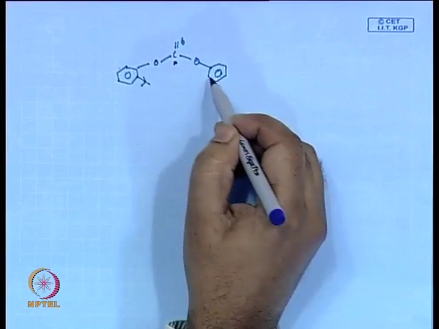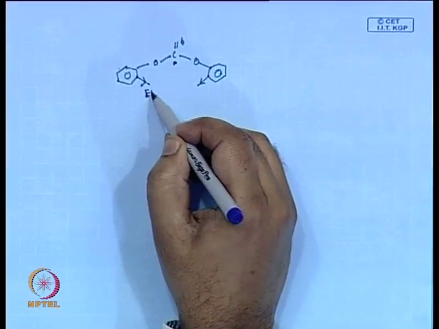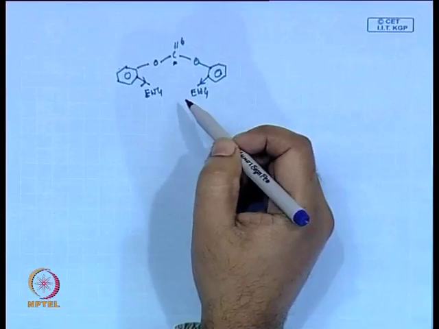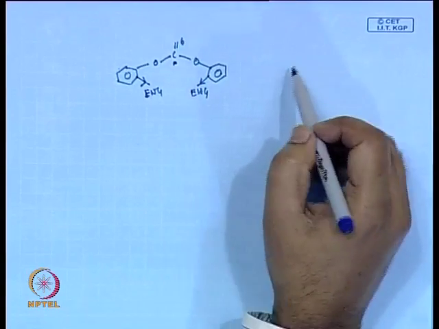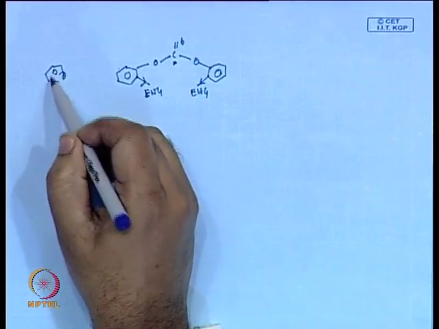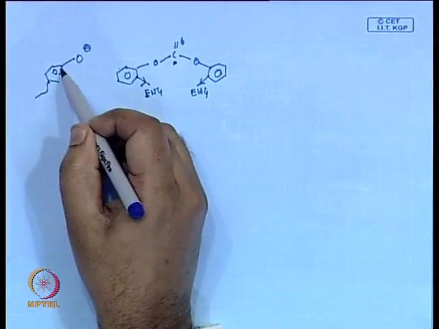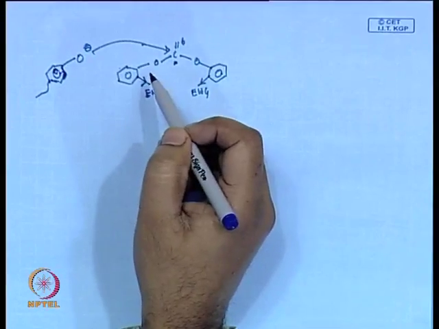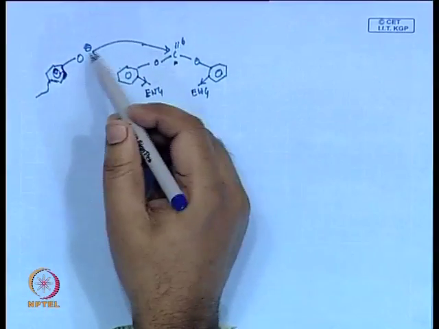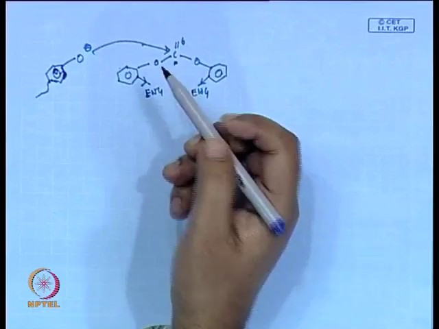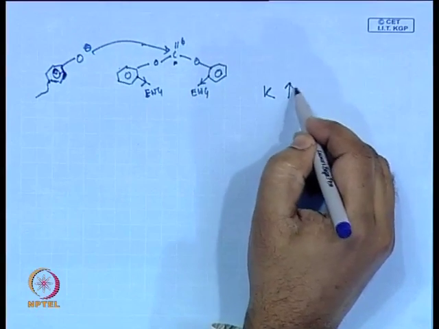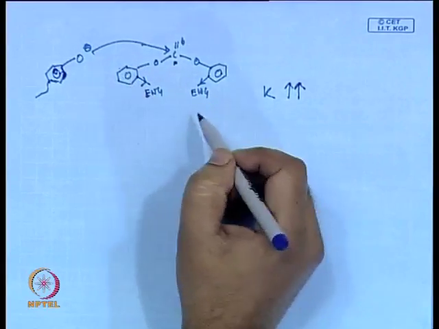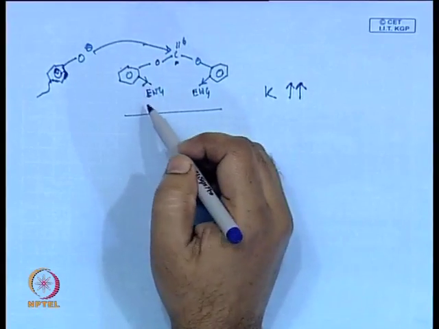If you put an electron withdrawing group, then the nucleophilic attack of this phenolate ion becomes much more feasible, which will increase the K much higher compared to a diphenyl carbonate where there was no electron withdrawing group.